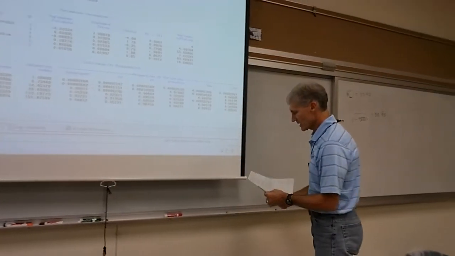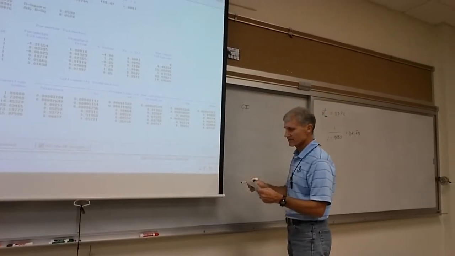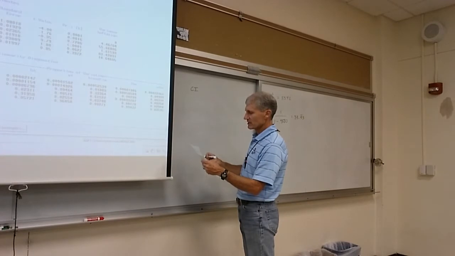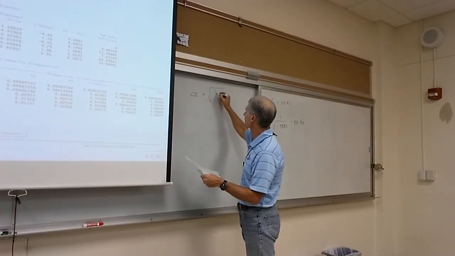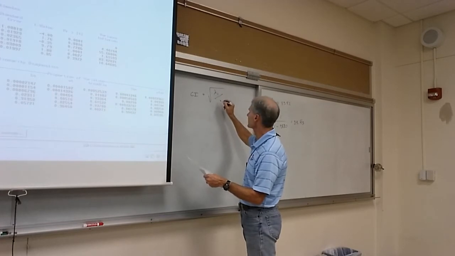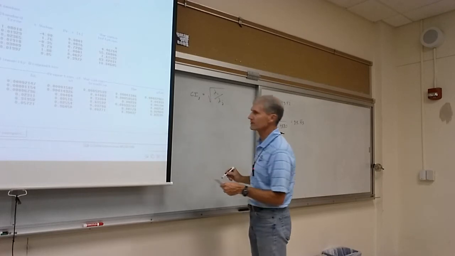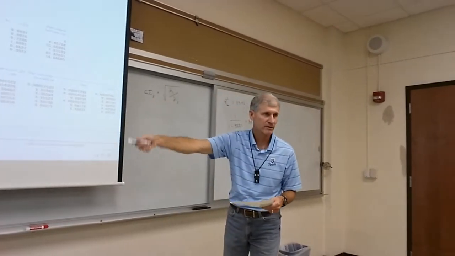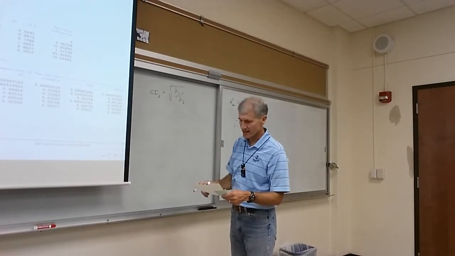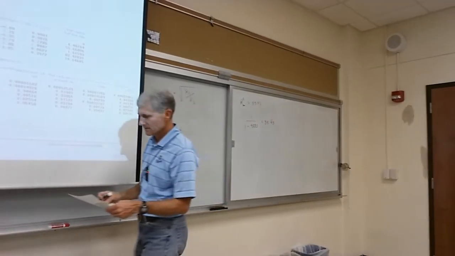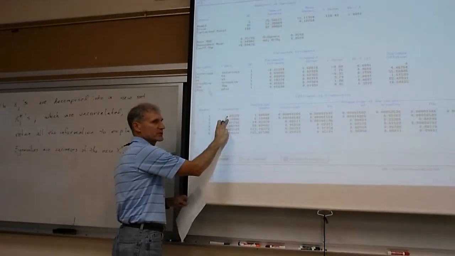So the condition index, which I'll call CI, is the square root of lambda 1 over lambda j. And this is the condition index for the jth one, with j being the number on the left. Lambda 1 is the eigenvalue at the top, so it's the biggest one.